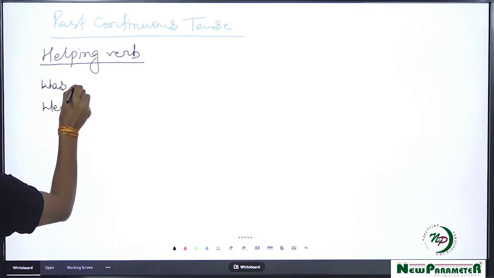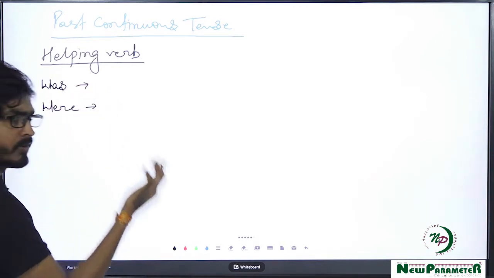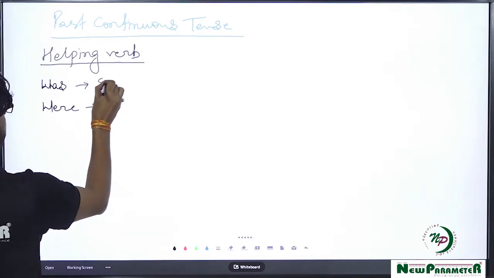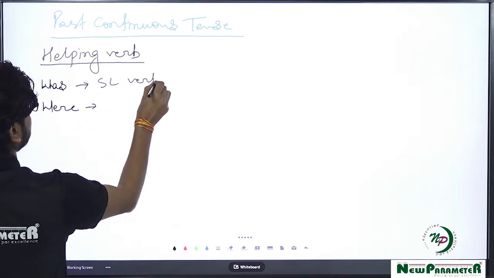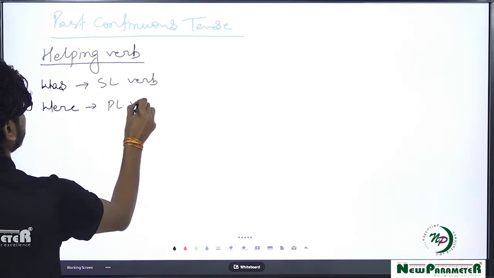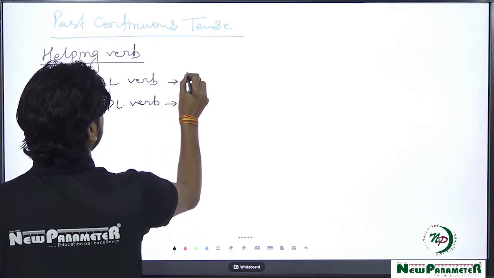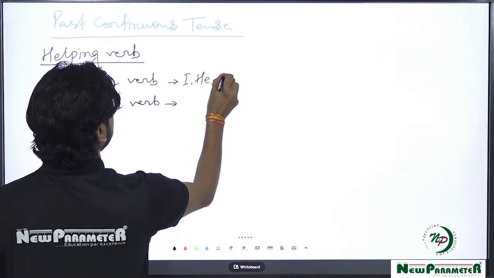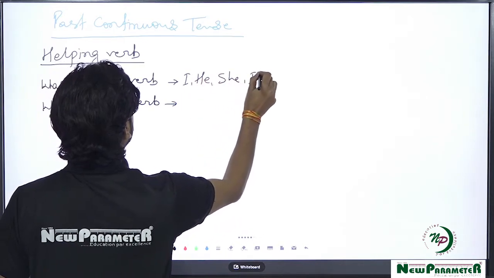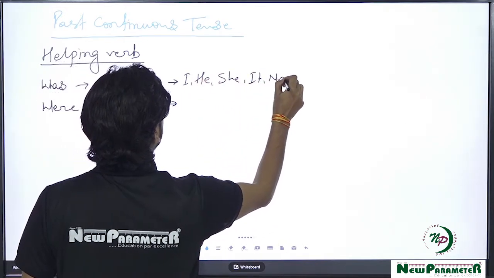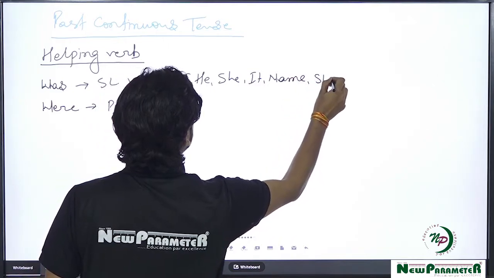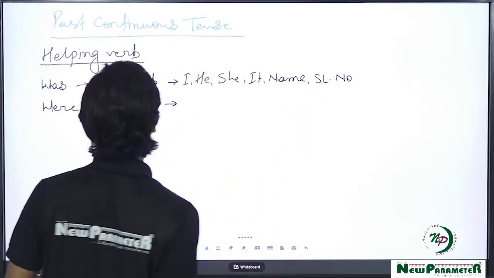It is very easy. I know you know it very well. Was is a singular verb and were is a plural verb. So it goes with I, he, she, it, name, and a singular number.